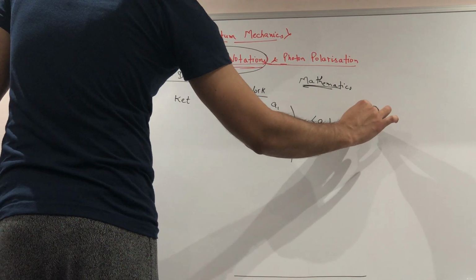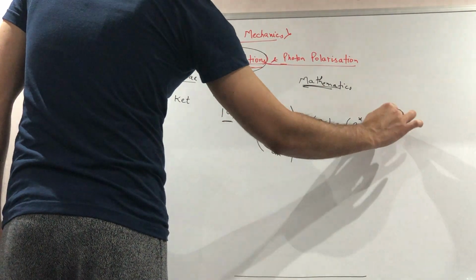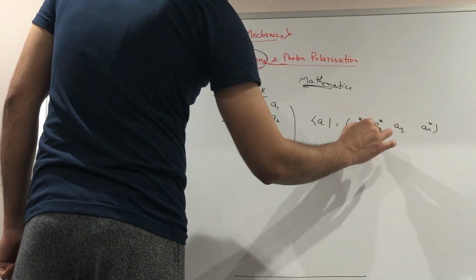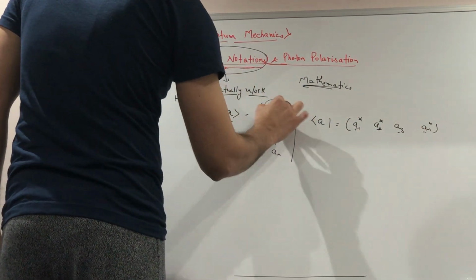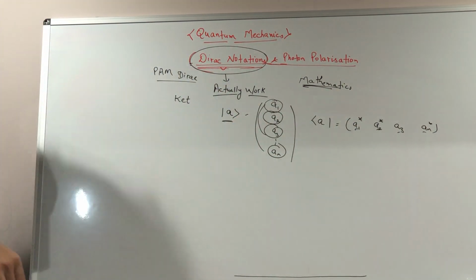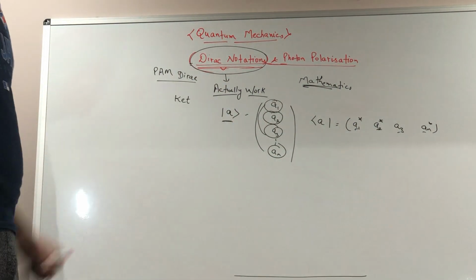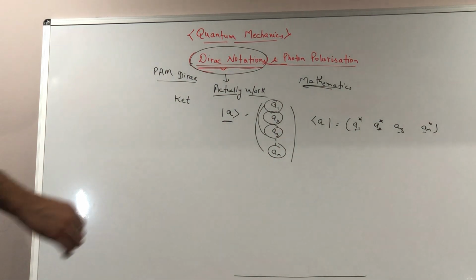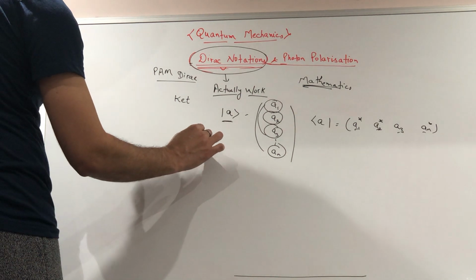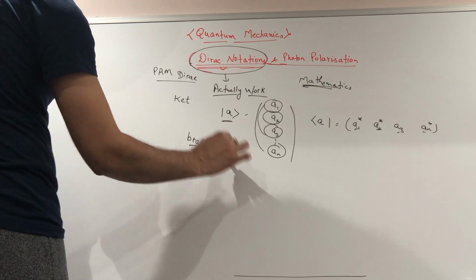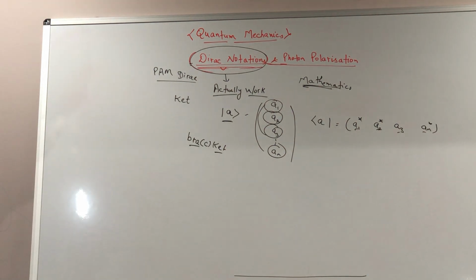That matrix is in the form of a row, and it contains the elements which are the complex conjugates of these elements. This is how we find the bra matrix relevant to the ket. These are named bra and ket by Dirac from the word bracket. That's how he named these things, ket and bra.